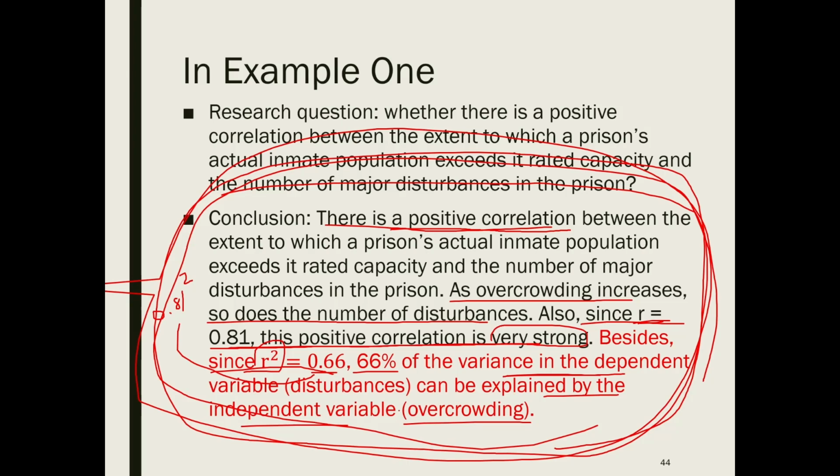Okay, so now people ask, there are 66% of the variance in the disturbance that can be explained by overcrowding, so where is the other 34%? Like I said, the other 34% of the variance in the dependent variable can be explained by maybe the age of the prisoners, the facility, the crime committed by the prisoners. Are they violent people? Are they not violent people, right?